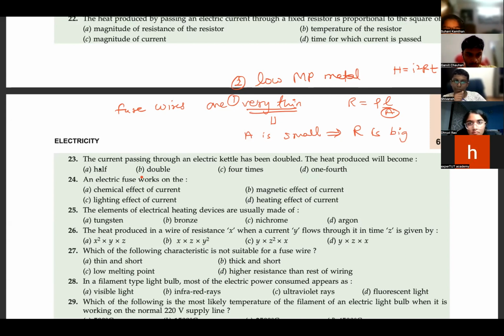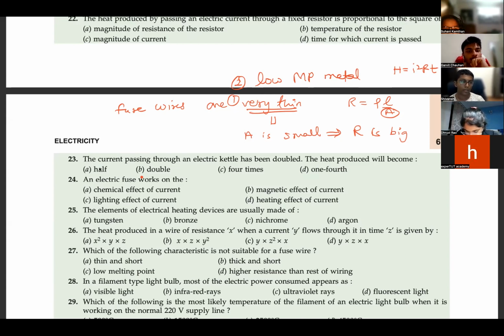Understood? All of you have understood the working of a fuse wire? But then why does R need to be more? If anyways the wire melts, why does R need to be more? So that heat produced is more. But then, why would you want the fuse wire to melt unless there's an emergency?